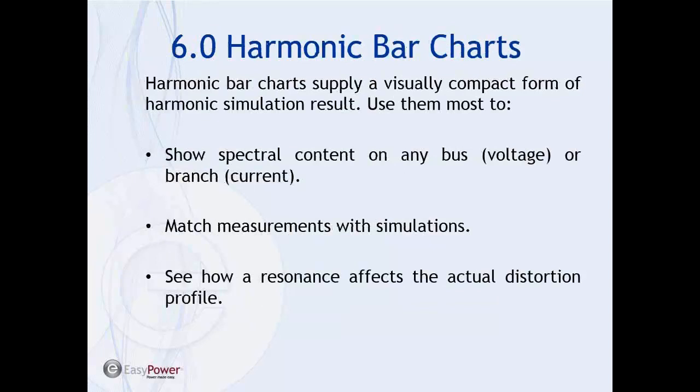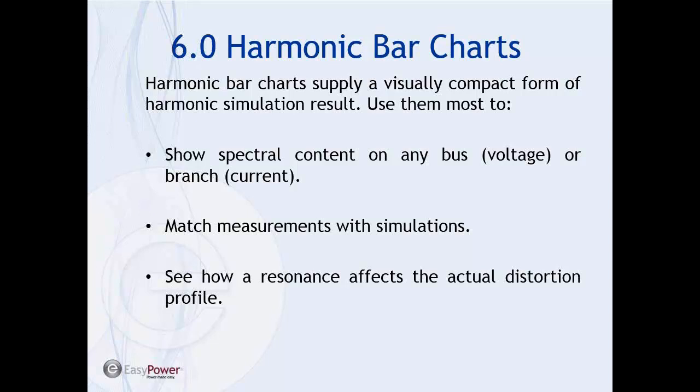Now, harmonic bar charts. I really like to use these when I'm looking at spectral content. Most of the time I use them when I'm matching measurements with simulations, that's the second item down there. If you want to see the spectral content on any branch or on any bus, and voltage versus current, or you want to see how a resonance affects the actual distortion profile.